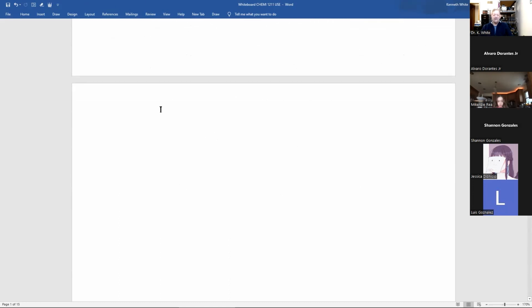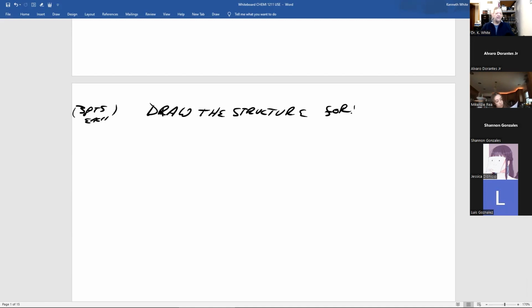Now, there's 2 types of nomenclature questions. One is, here's the structure, give the IUPAC name. The other is, draw the structure for the following. And how do you do this?